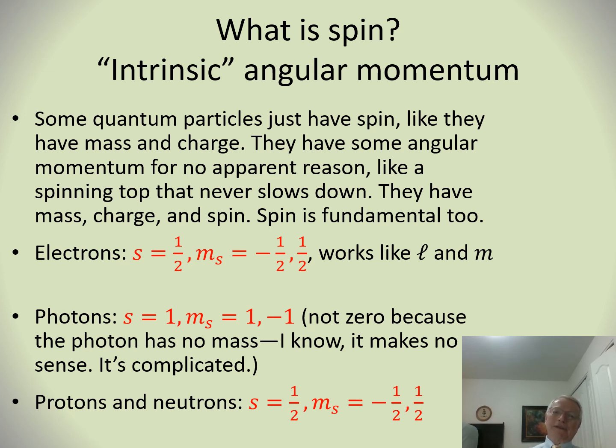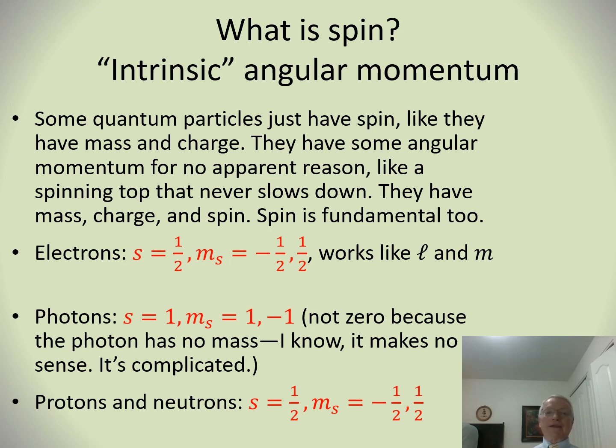Some quantum particles just have spin, like they have mass and charge. It's a fundamental property, and it means angular momentum, and they just have some for no apparent reason, like a spinning top that never slows down. So an electron, for instance, has mass, and it has charge, and it has spin, and the spin is fundamental.